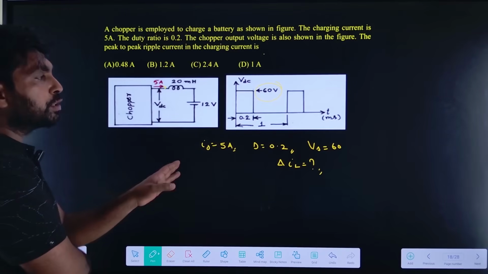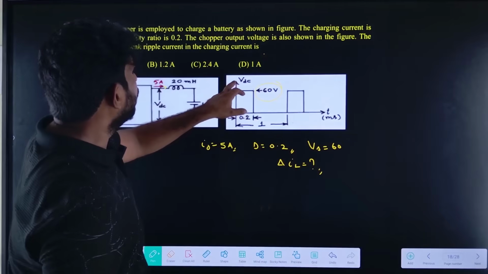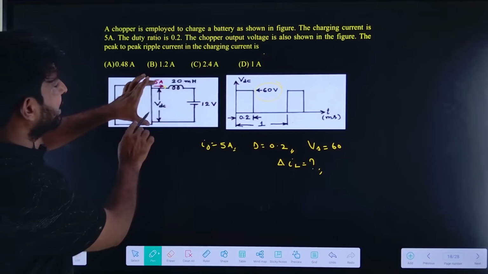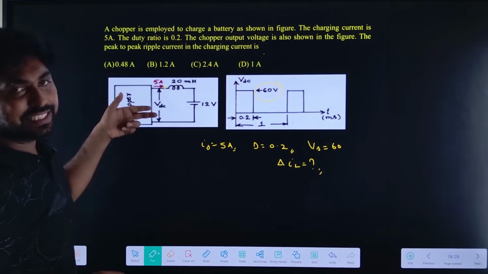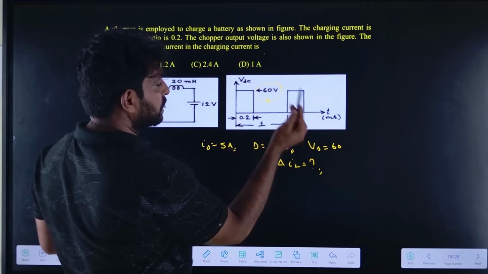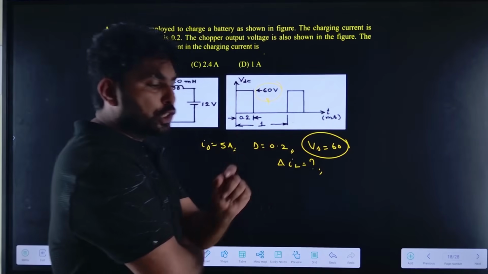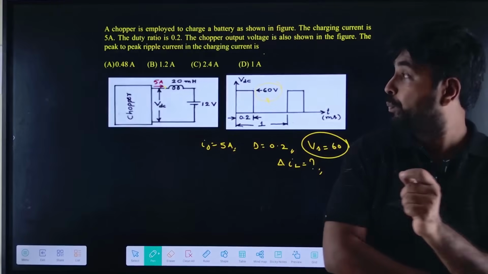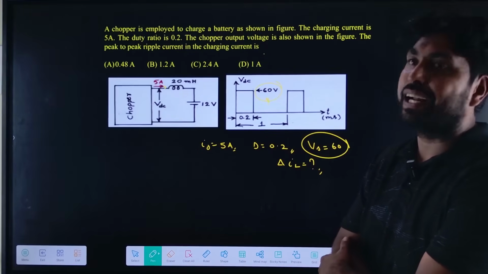You can answer in the simplest manner. The VDC, that is Vs, is given as 60 volts, the input voltage. So what we need to find is the peak to peak charging current, delta IL. How can we find delta IL?